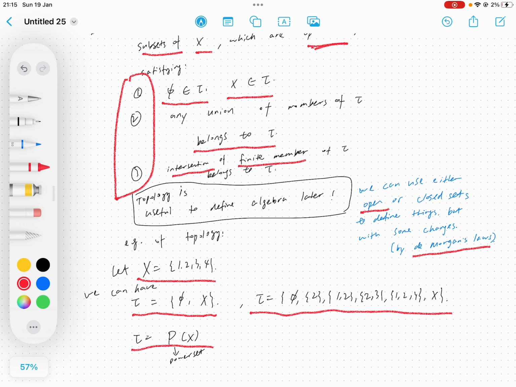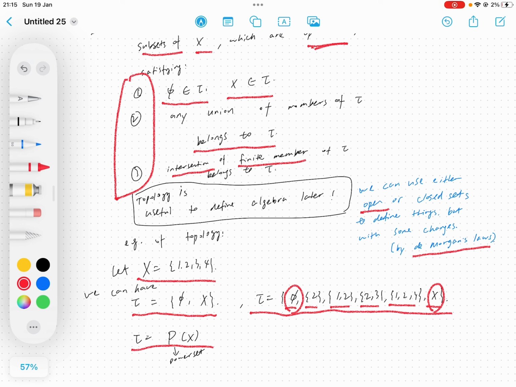And some intermediate, somewhat general topology of the set X is here as an example. We have empty, 2, 1 and 2, 2 and 3, 1, 2, 3, and X. Okay, so we can always see that empty and X itself have to be inside of the topology.